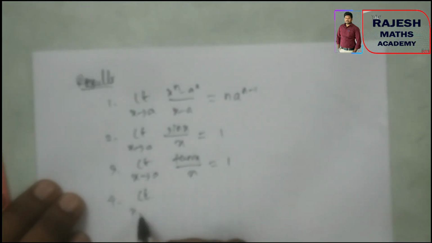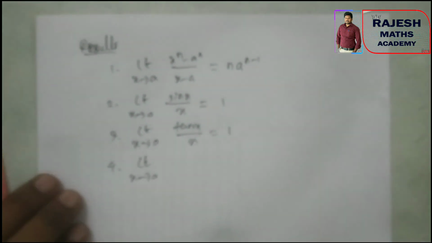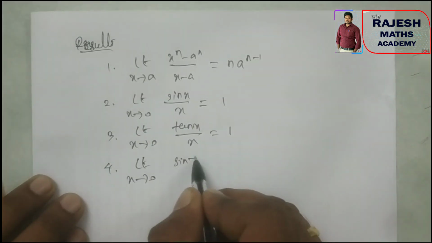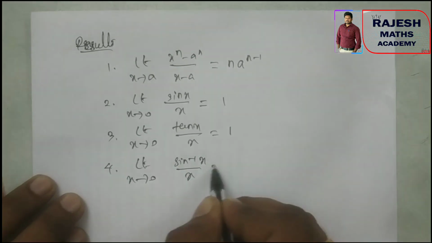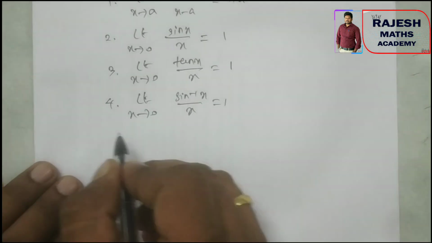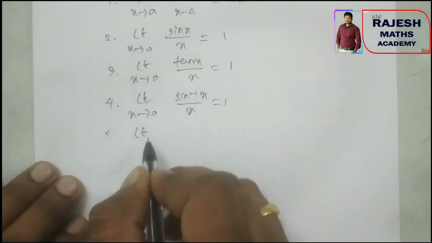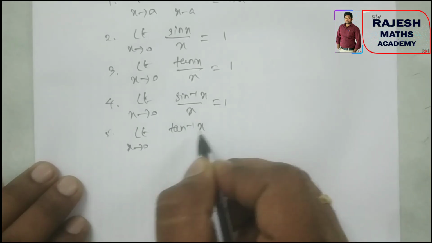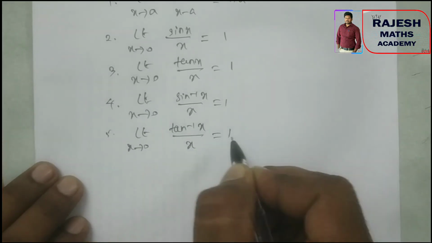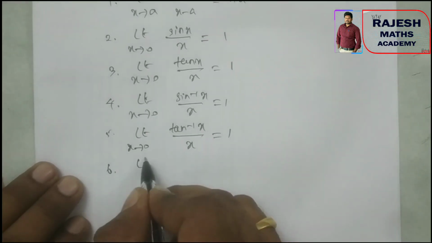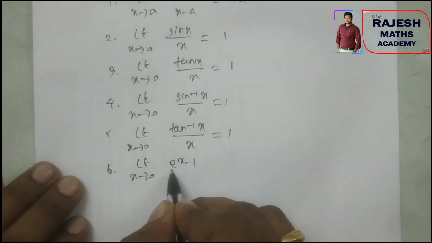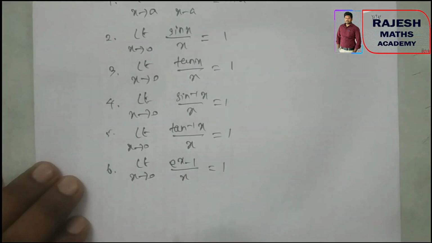Fourth one, limit x tends to 0, sin inverse of x by x equal to 1. Fifth one, limit x tends to 0, tan inverse of x by x equal to 1. Next, limit x tends to 0, e power x minus 1 divided by x equal to 1.